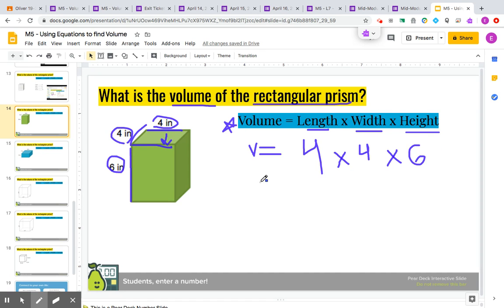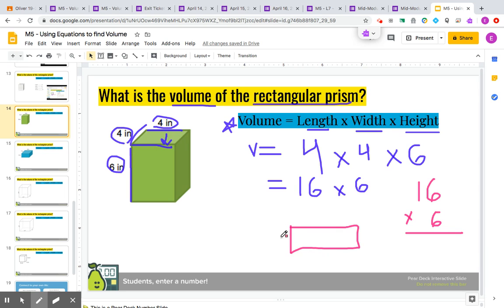Now we multiply. 4 times 4 is 16, and I multiply by 6. I don't know that off the top of my head. So I'm going to use my standard algorithm to multiply quickly, or my area model of multiplication, where I break apart each number by place.